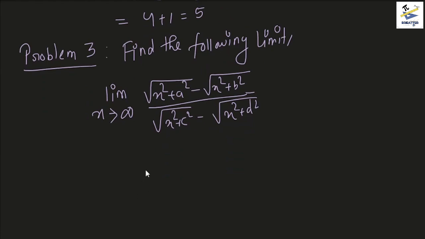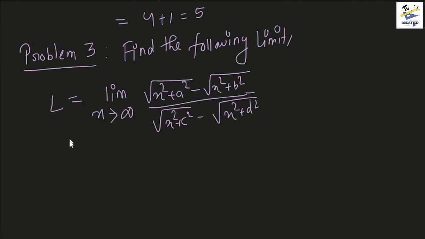Limit x tends to infinity, and in the numerator we have root over of x square plus a square minus root over of x square plus b square, whole divided by root over of x square plus c square minus root over x square plus d square. Now to do this kind of problem, as I said, we need to first rationalize. So let us begin the process.